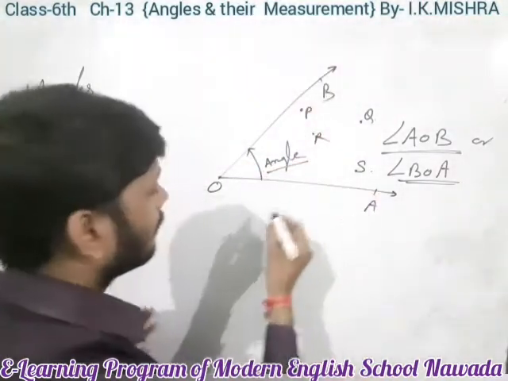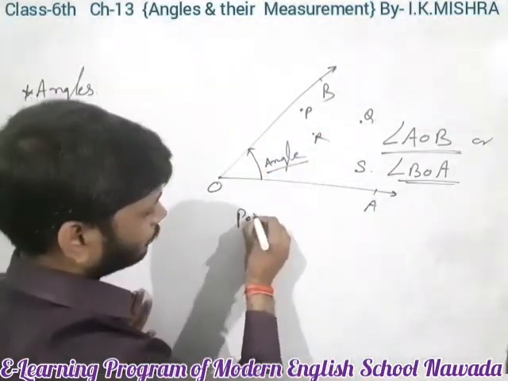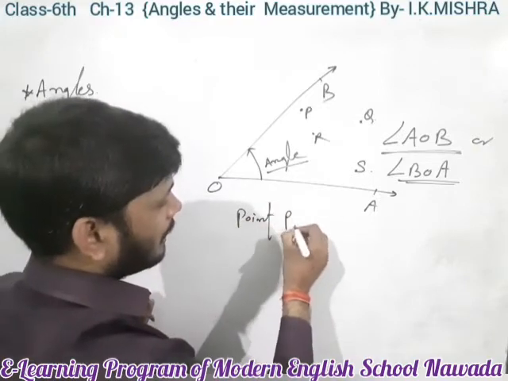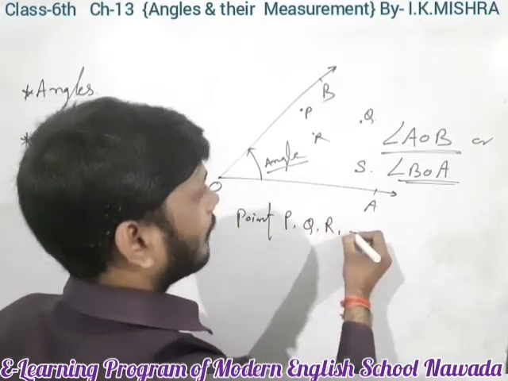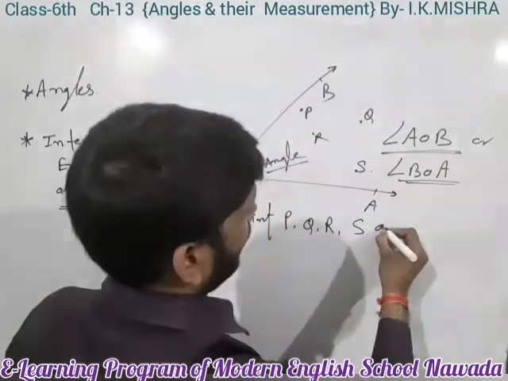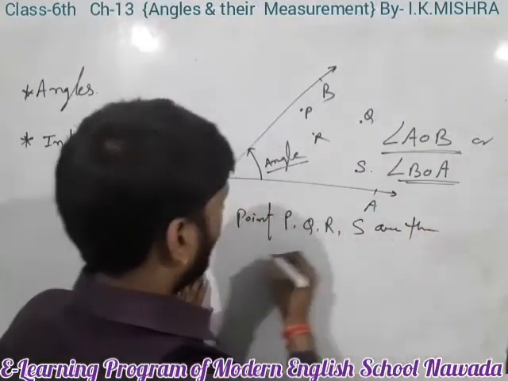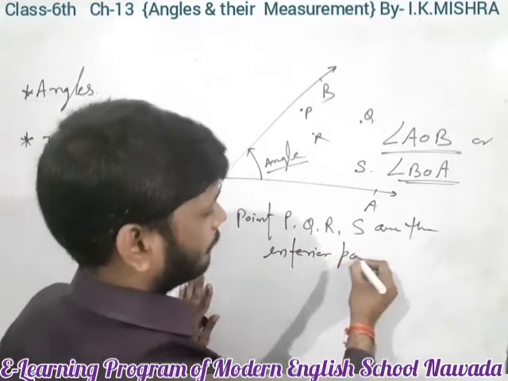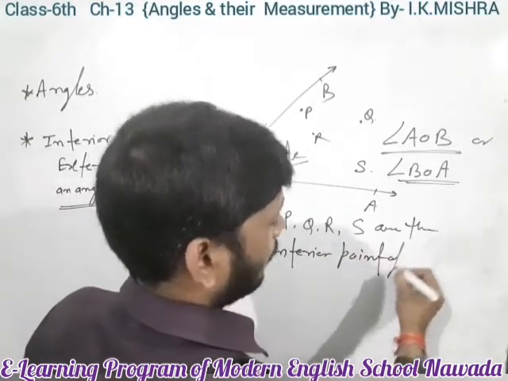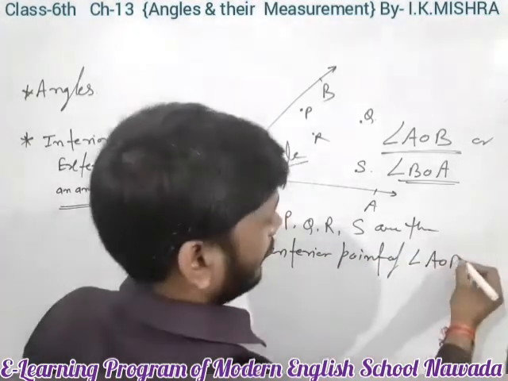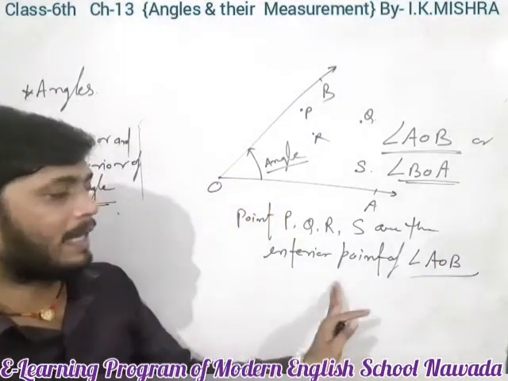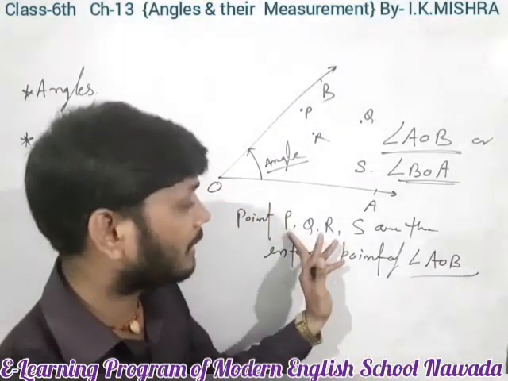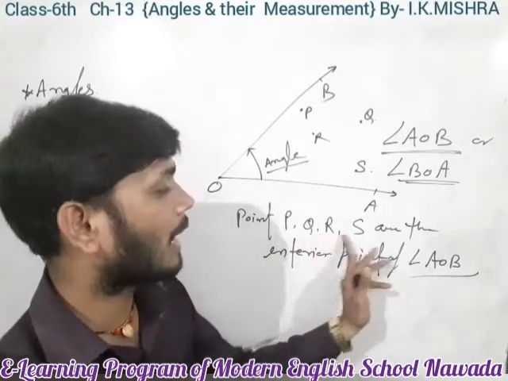So students, here points P, Q, R, S are the interior points of angle AOB. Angle AOB's interior points are P, Q, R, S.